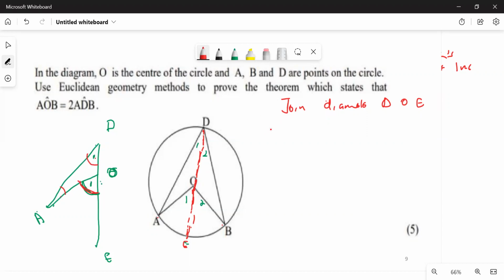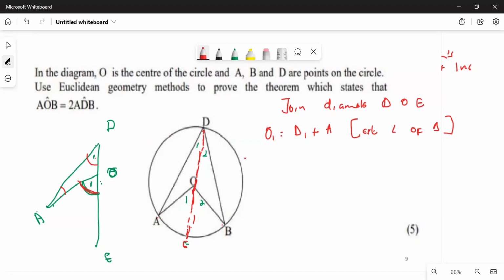So you'll tell them that O1 is going to be equal to angle D1 plus A. The reason why you are saying that is because you have an exterior angle of a triangle. It makes this one equal to this one.